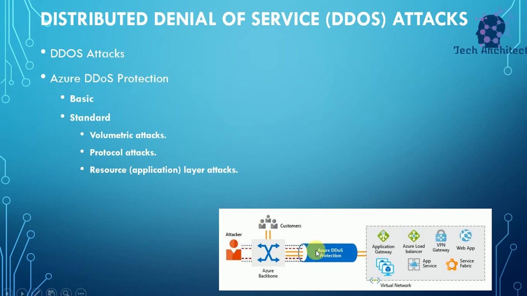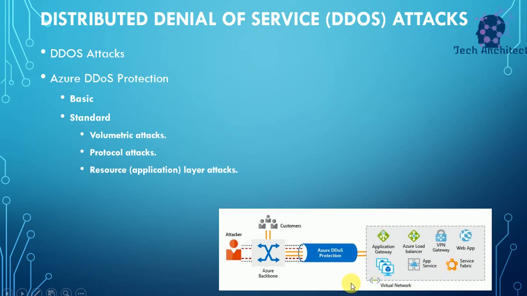This diagram shows the network traffic flowing into Azure from both customers and an attacker. Azure DDoS Protection identifies the attacker's attempt to overwhelm the network and blocks further traffic from reaching Azure services. Legitimate traffic from the customer still flows to Azure without any service interruption.